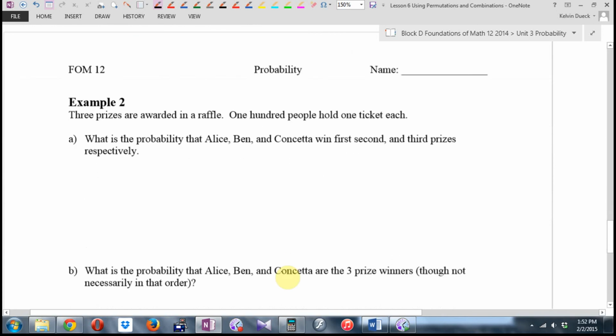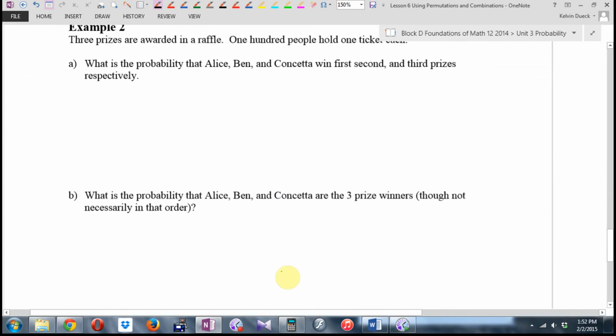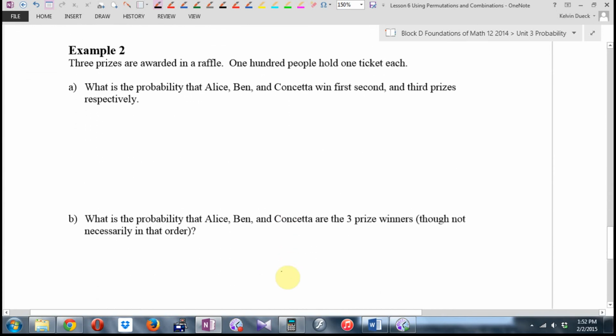Next page. Three prizes are awarded in a raffle. 100 people hold one ticket each. What's the probability that A, B, and C win first, second, and third respectively in that order? Now, this is technically a permutation.